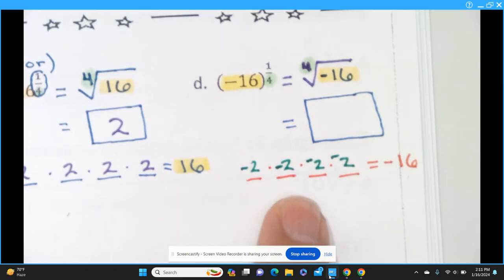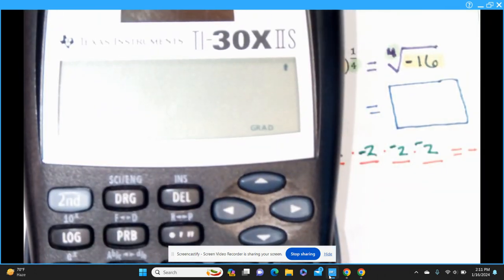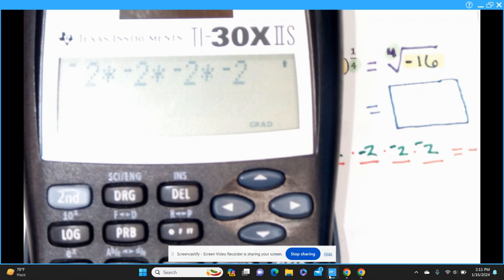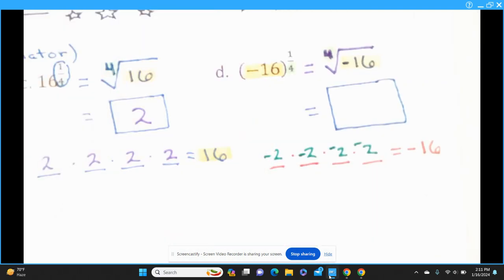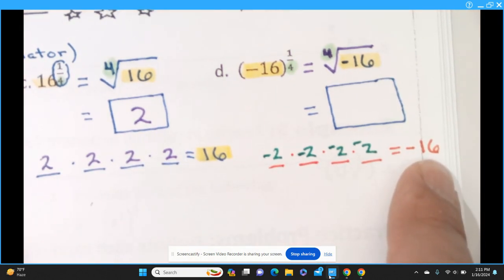Well, if you try this on the calculator, let's see, here we go. Let's give it a try. I'm going to put negative 2 times negative 2 times negative 2 times negative 2. Still a positive 16. So you see, this does not give me a negative 16.